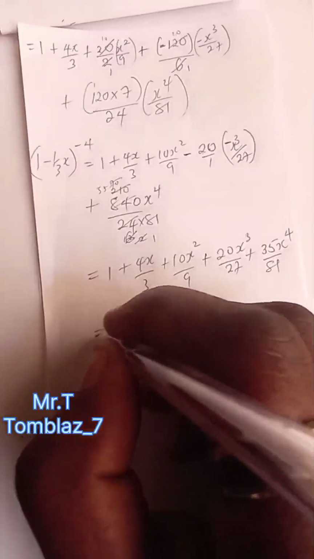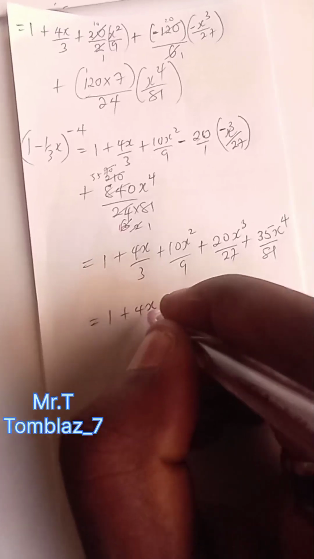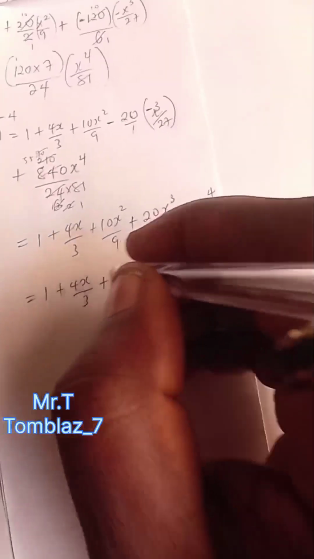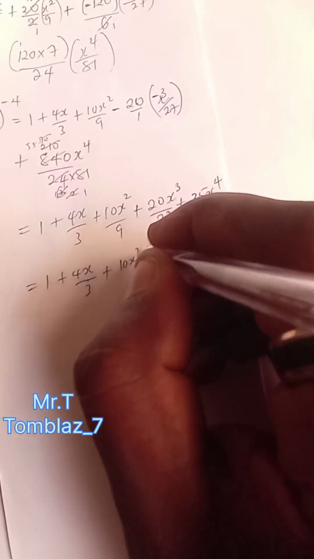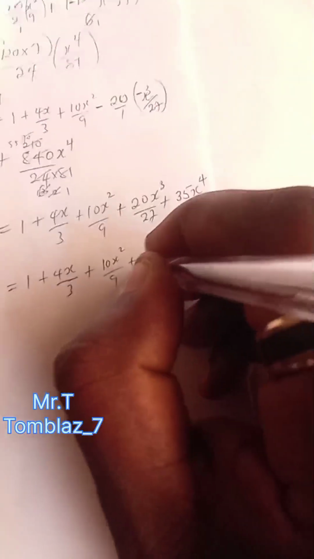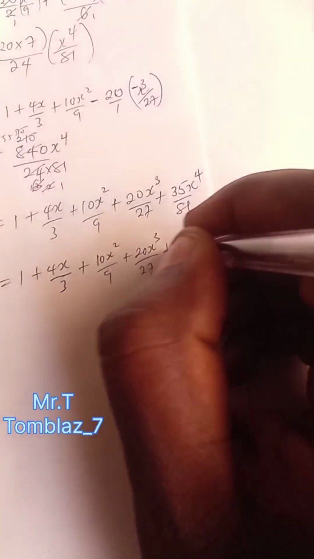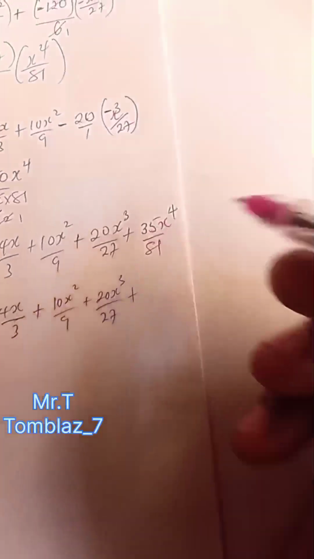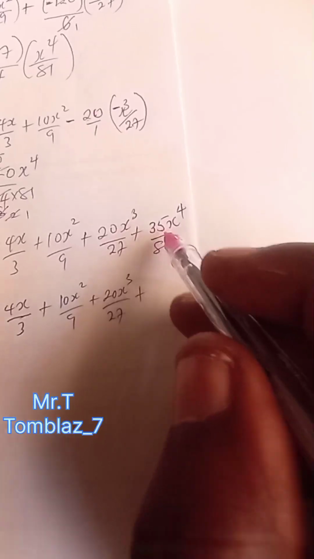So this is when 1 plus 4x over 3 plus 10x squared over 9 plus 20x cubed over 27 plus, can we break anything here? Do we have any value that can go into this and this?